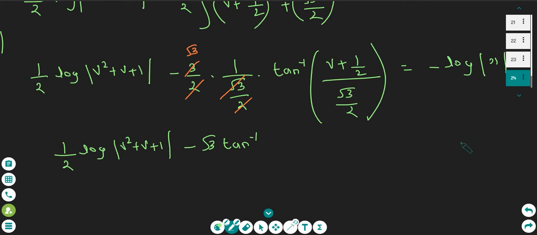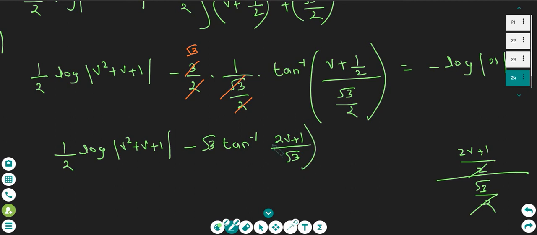This is 2v plus 1 divided by 2, and this is root 3 by 2, right? This 2 and this 2 is getting cancelled. So finally I have 2v plus 1 divided by root 3, equal to minus of log mod x.